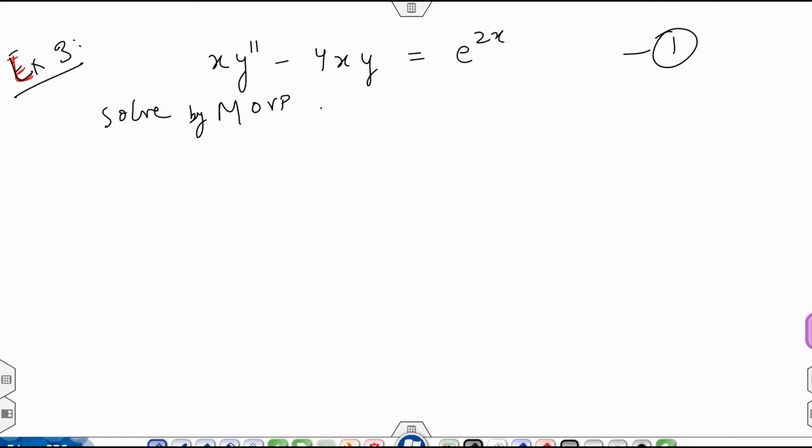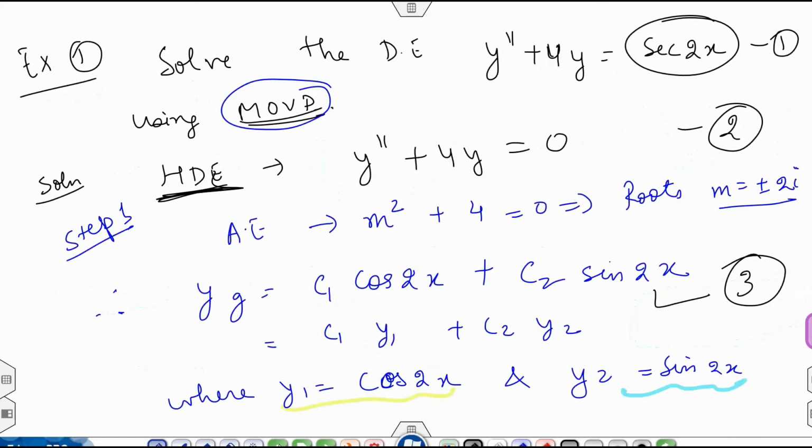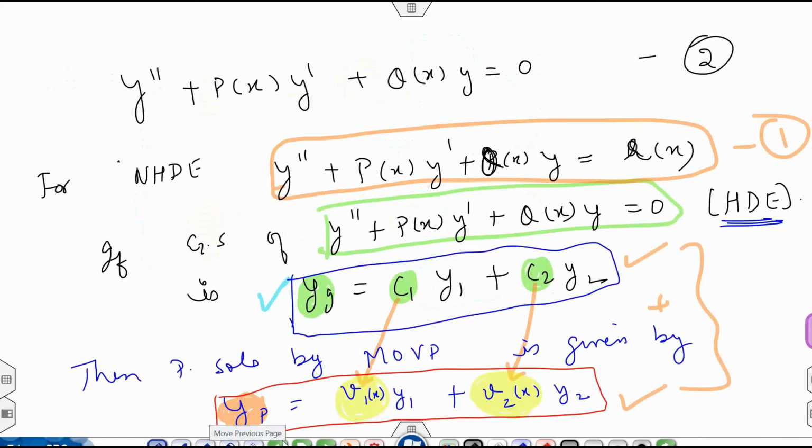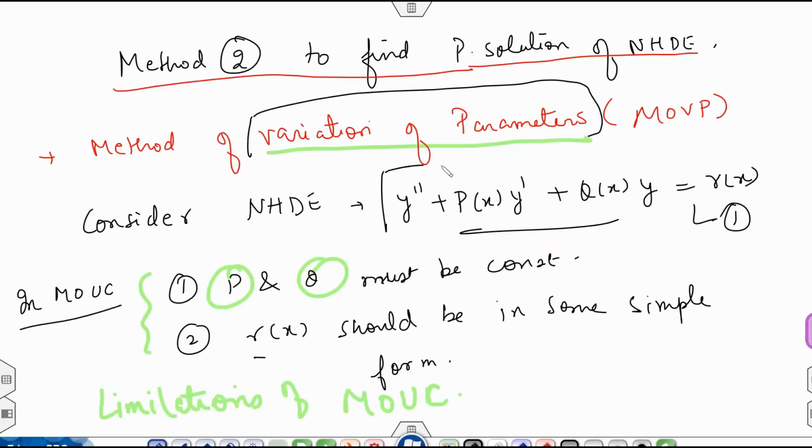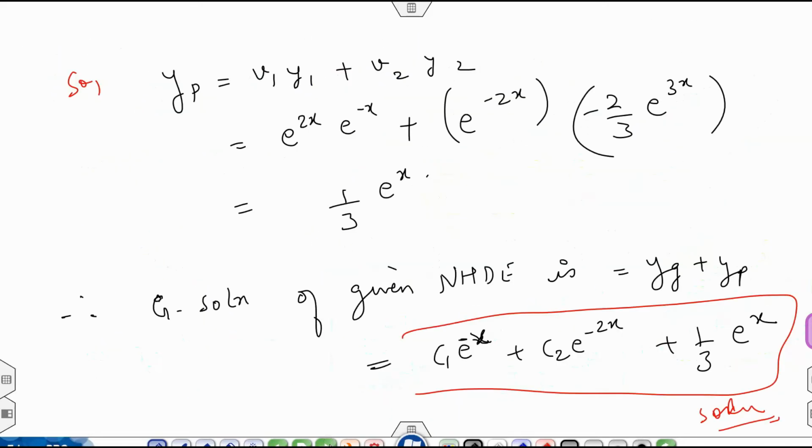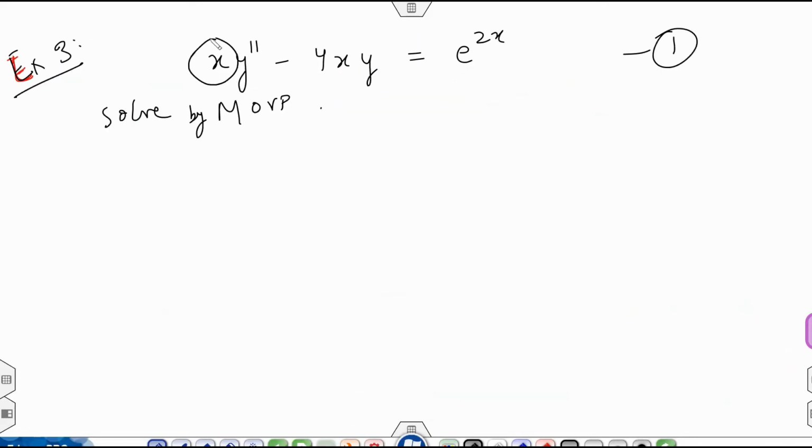So before solving this, you need to reduce the equation into the standard form. Here I have told you how to use the method of variation of parameters for this standard form, right? In equation number 1, you have the coefficient of y double dash as 1. So whenever you are not getting equations of this form, where the coefficient is not 1, you have to reduce the equation into the standard form.